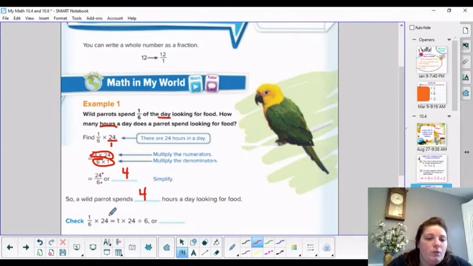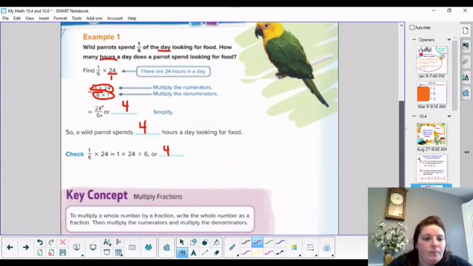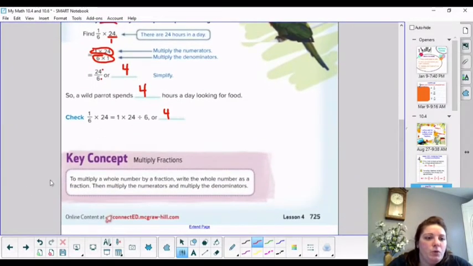So here's our check. 1/6 times 24 is 1 times 24 divided by 6, which is 4. Here's your key concept. When you multiply a whole number by a fraction, write the whole number as a fraction. Add 1 to that denominator. Then multiply the numerators and then multiply the denominators.